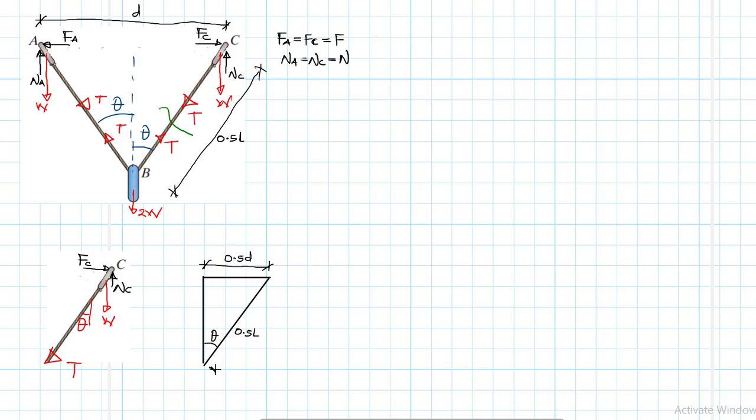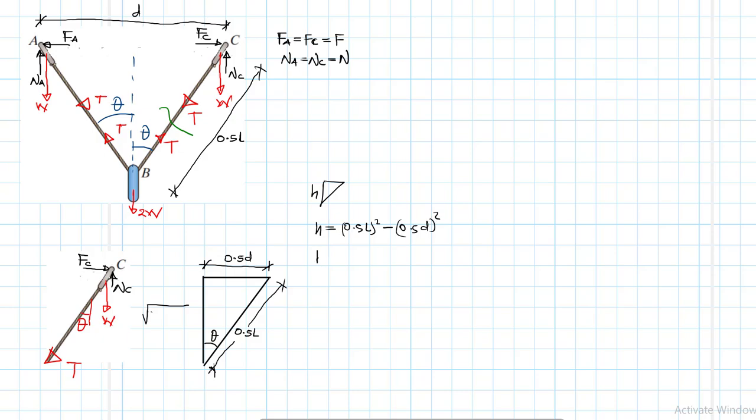Let me just draw this properly. Let me find this other part, which is my adjacent. If I call it H, then my H is equal to the square root of 0.5 L squared minus 0.5 D squared.